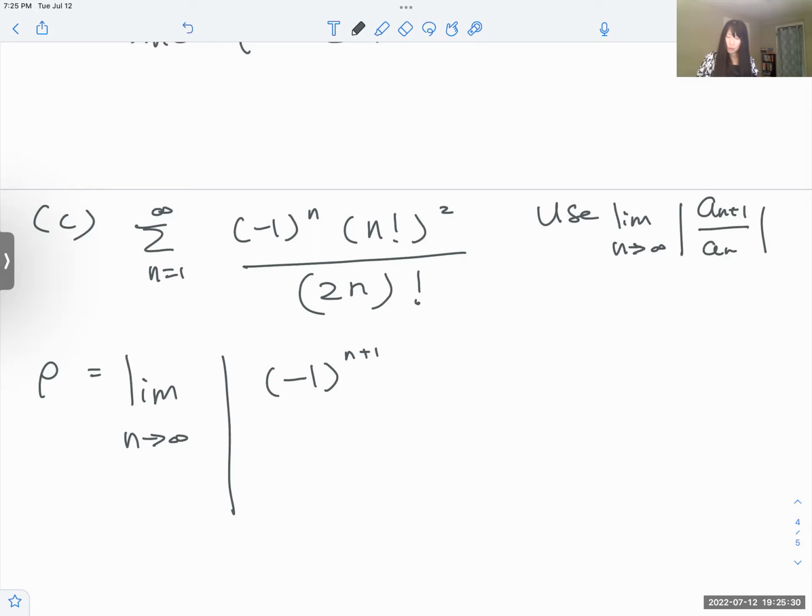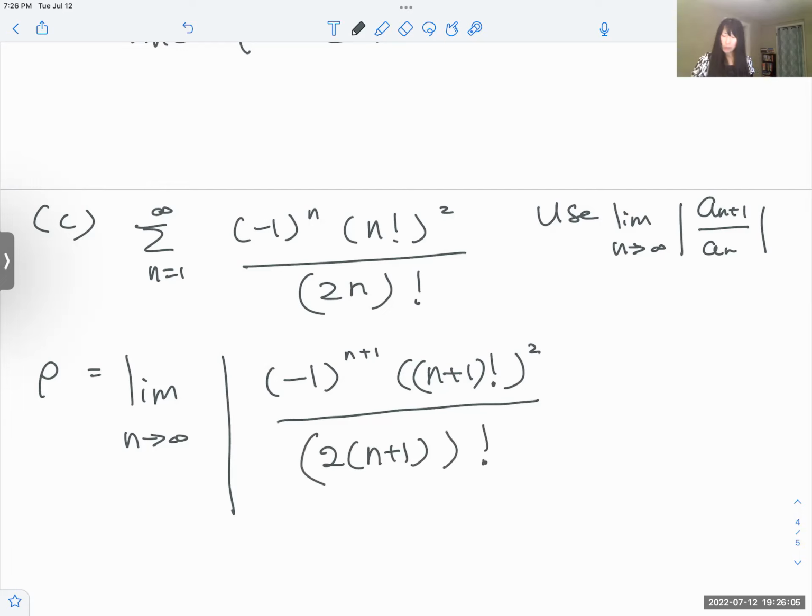So look, we have n plus 1. We have to be careful. N plus 1, we plug it into the n, then factorial there. So let's say n plus 1 in parentheses factorial and then squared, all over 2 times n plus 1 factorial. Now let us rewrite with a reciprocal.